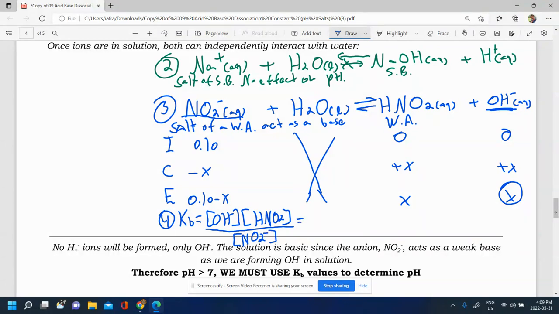And if we replace all those with x's, that's x times x over 0.10 minus x, which is x squared over 0.10 minus x. Now we have to go look for the Kb of this thing over here.